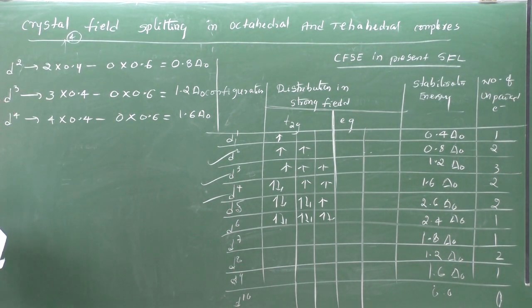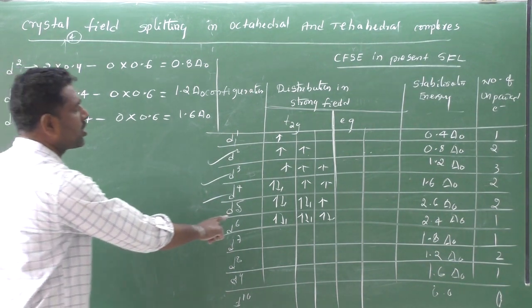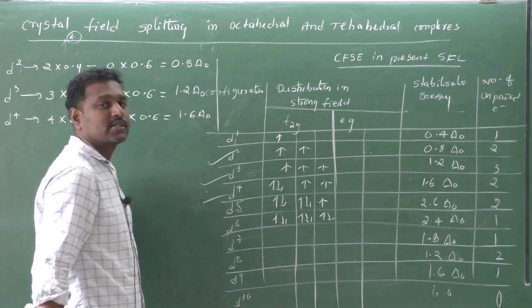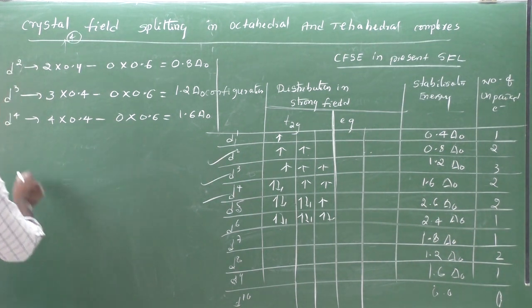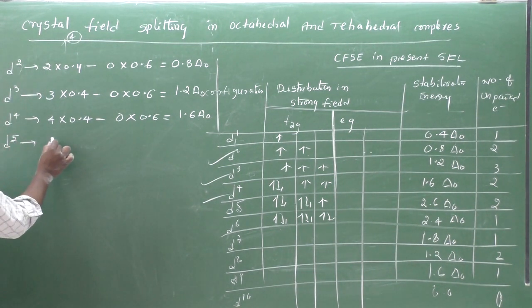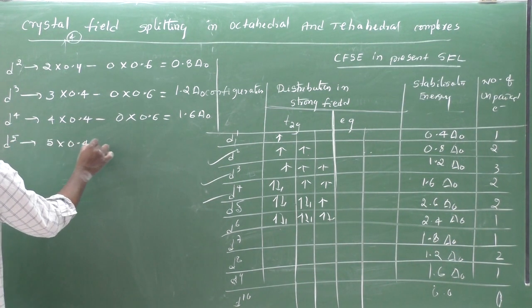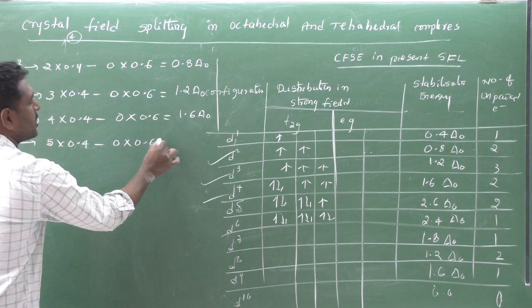Now d5. How many electrons are there? 1, 2, 3, 4, 5 electrons. Therefore, d5 is 5 into 0.4 minus 0 into 0.6.